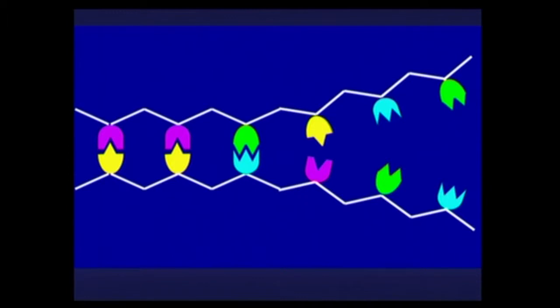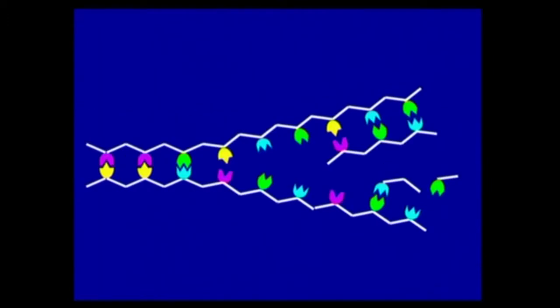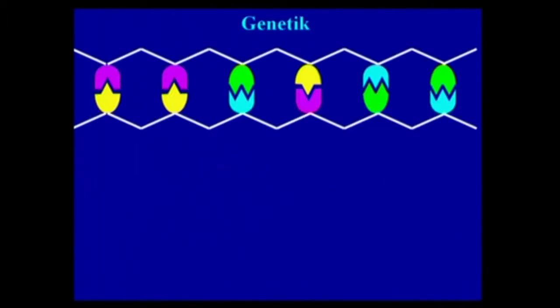So complementarity is conditional for that. The violet will get hold of a yellow, and the green of blue. And genetic information is read and propagated that way.